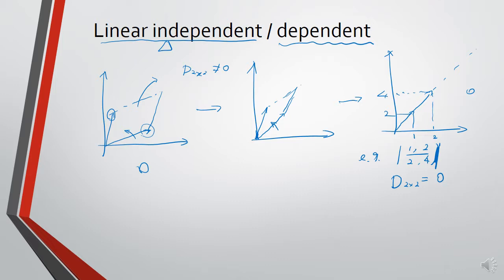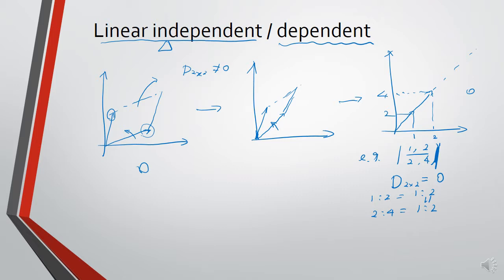If you do an algebra test, for the first row vector 1, 2, the simplified form is still 1, 2. For 2, 4, the simplified form of this ratio is also 1, 2. So actually they are the same, which is why they are aligned on the same straight line.